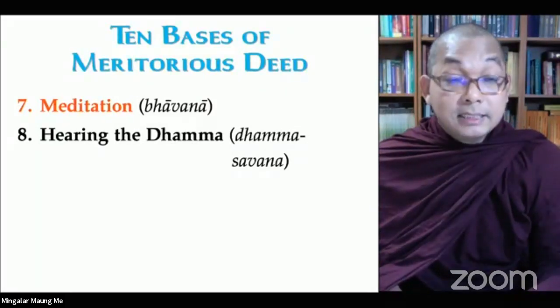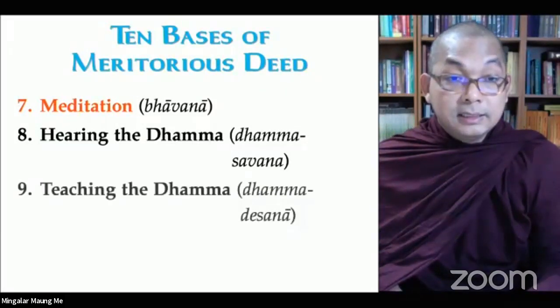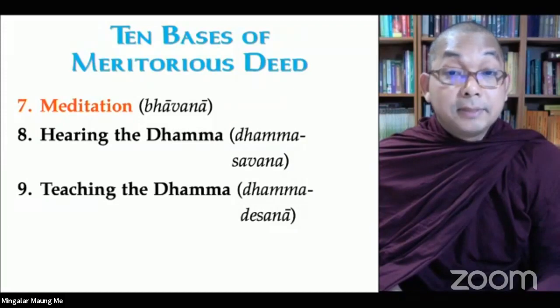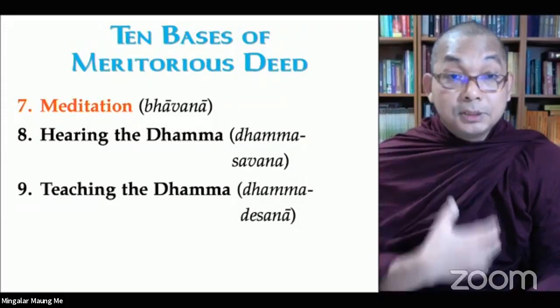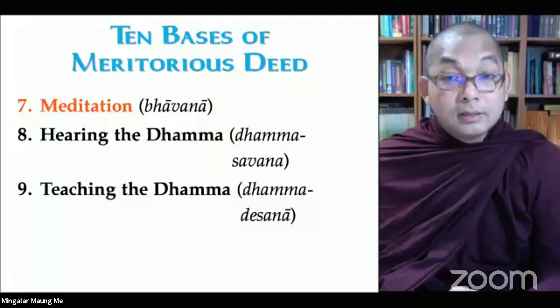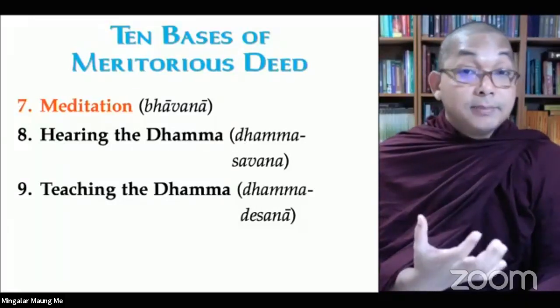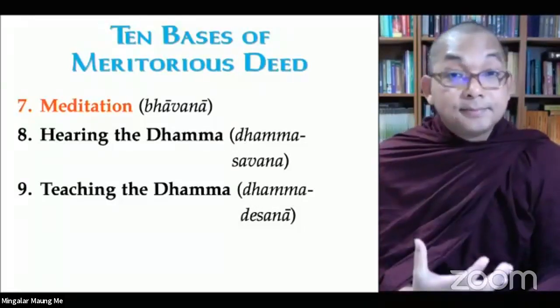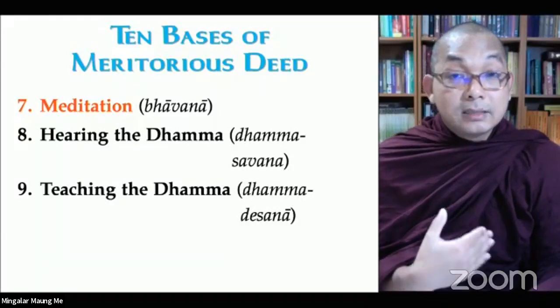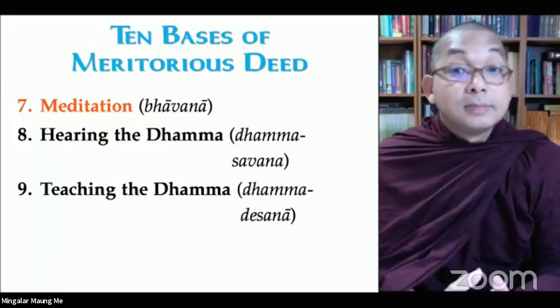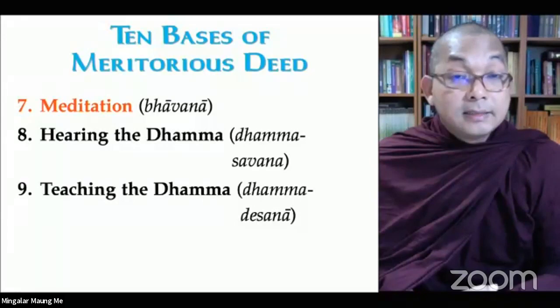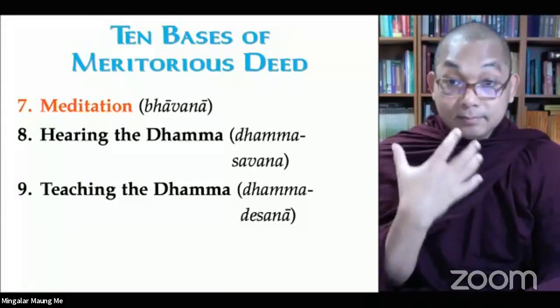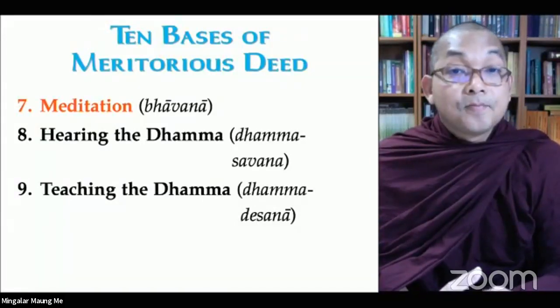Hearing the Dhamma is considered as meditation, and teaching the Dhamma is also a type of meditation. So I'm teaching and at the same time I'm practicing. Because of that, when some problem arises in our life, we can bear it. It's very grateful.